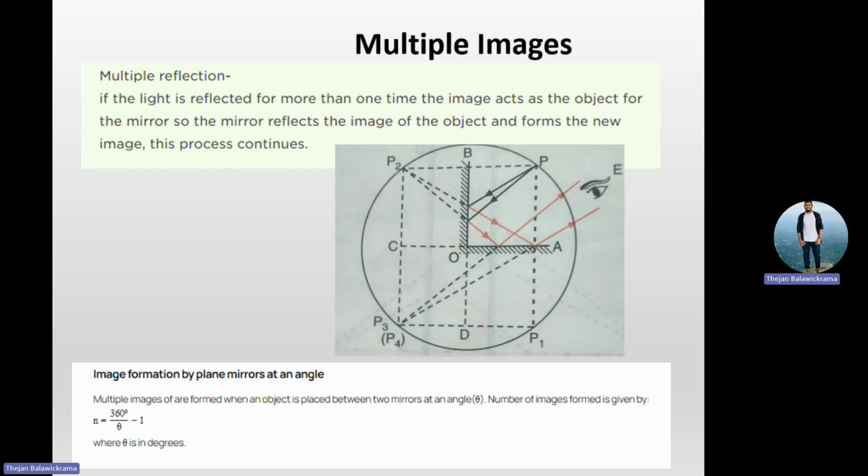For example, if theta is 90, 360 divided by 90 is 4, minus 1, there should be 3 images formed when the angle is 90 degrees. You should be able to draw this. Shall we try it?